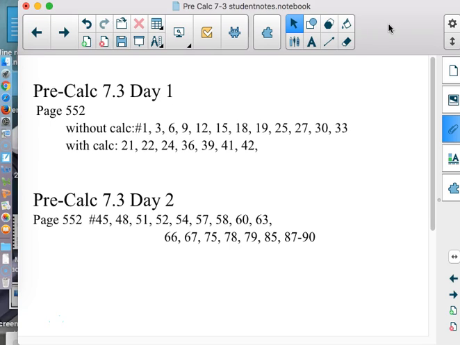Again, we didn't get to the mixture problem. We didn't get to the stuff about parabolas. So you probably won't be able to finish either one of these at this point. But do what you can with what we have. Follow the directions. If it says use a calculator, use a calculator.